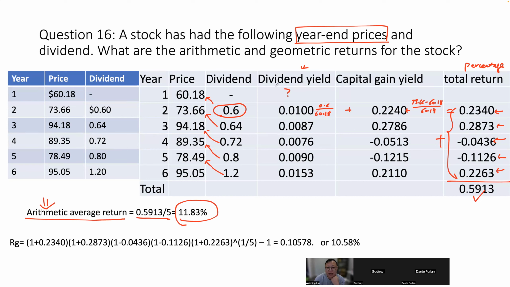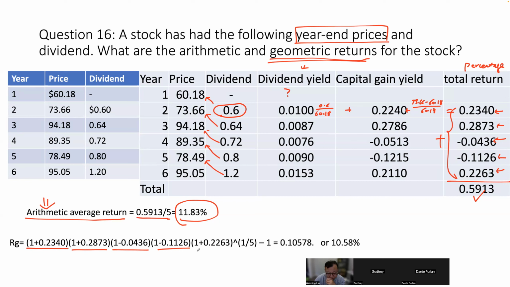Now, how do you calculate the geometric return? This time, instead of using the sum, you use multiplication. For the first year, 1 plus the return, so that's how much they grow. You multiply it by the second year, 1 plus the return, then the third year, which is a loss, 1 minus. And the fourth observation, 1 minus, this is also a loss.